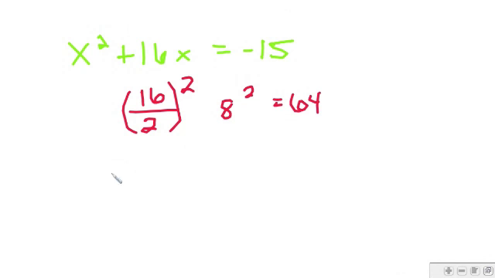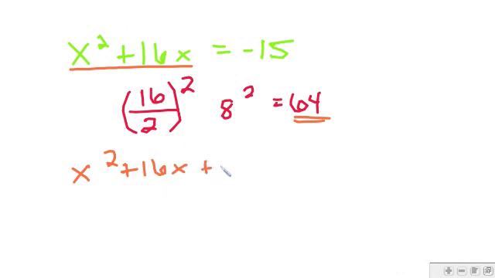All right. So write down what they gave you ahead of time. x squared plus 16x now plus 64 equals, okay, now we have to add this part in here, negative 15. And to complete the square, we need to add on each side here.